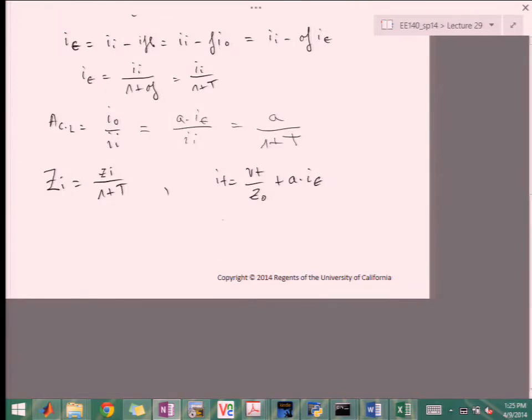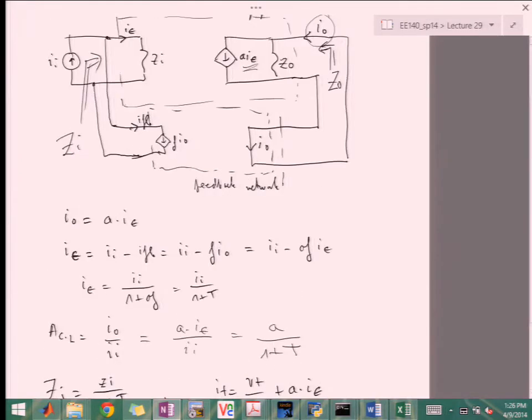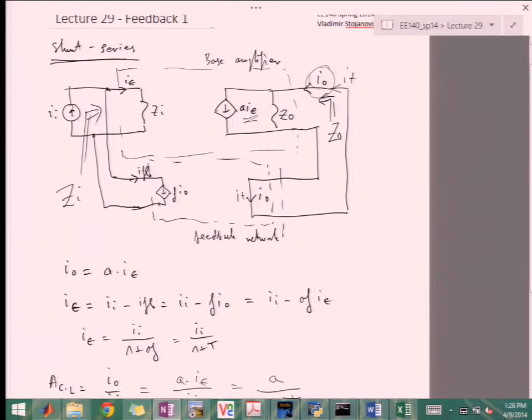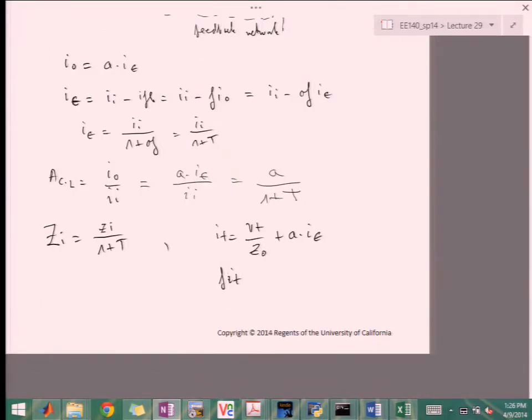And then you have that F times I test, because now instead of I naught, there will be I test flowing here. So I test will also replicate here and into the feedback. And then because when we do the output impedance testing, we kill the source, then I feedback is equal to negative I error. So I feedback is FIT is minus I error.